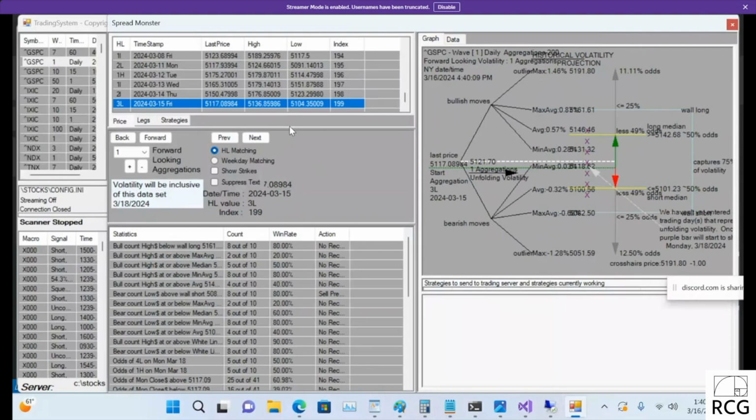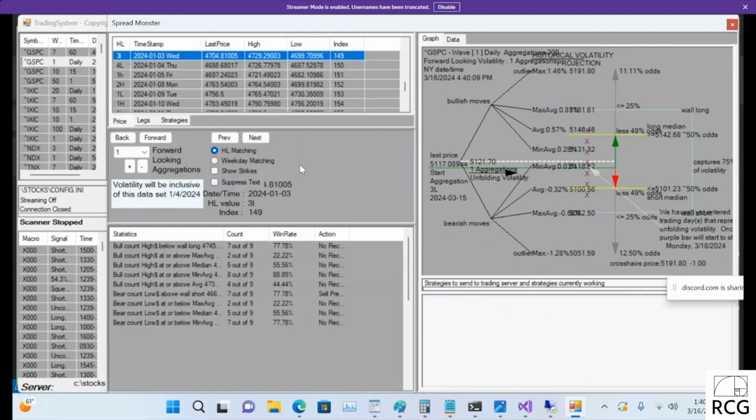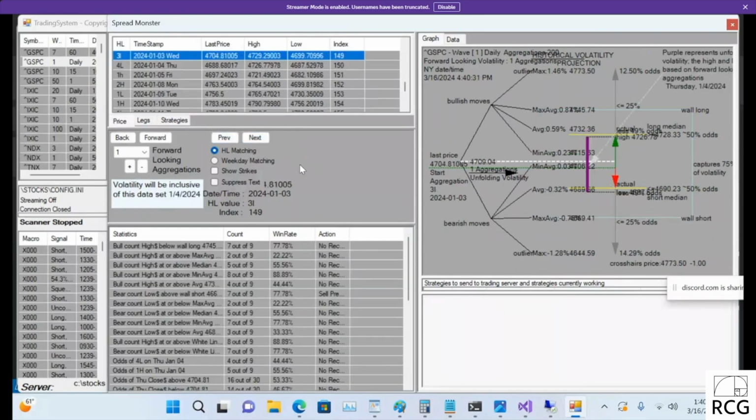Like from that level down, what was it looking like the last time? If I click that, it'll go to the next 3L and it'll show me.